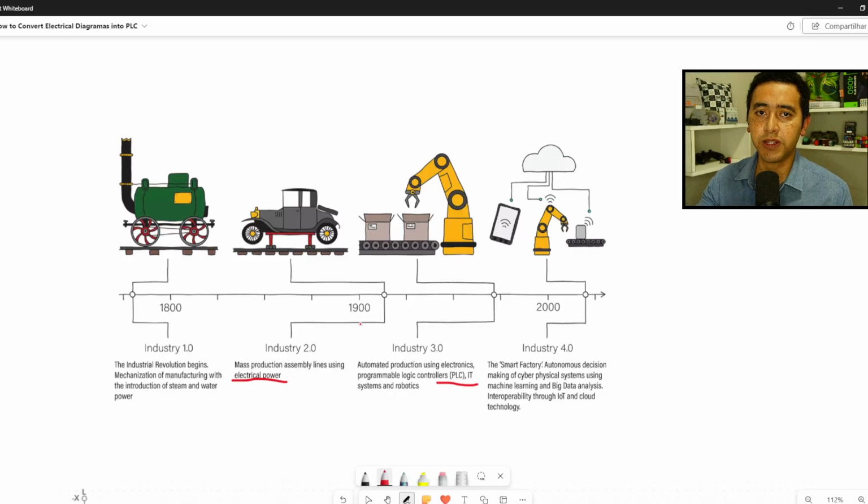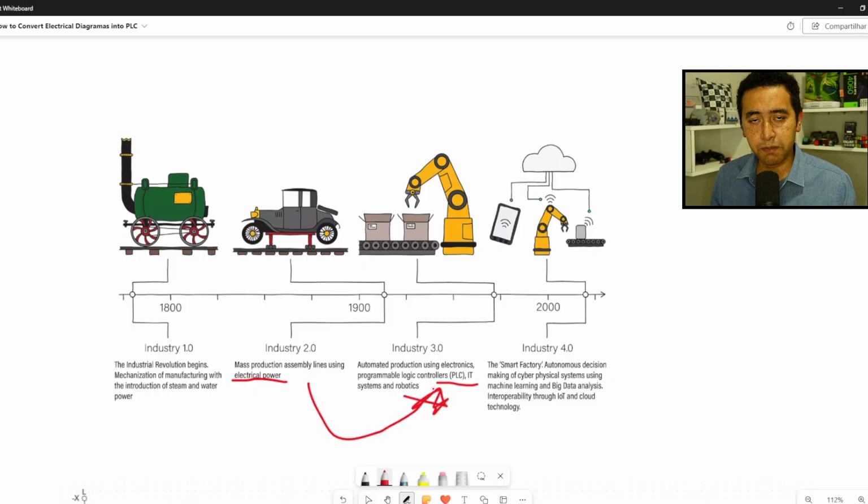That is why we need to understand today about this course of PLC, because as we start in industry 4.0, we have some industries in 2.0. Then we need to bring them to this.